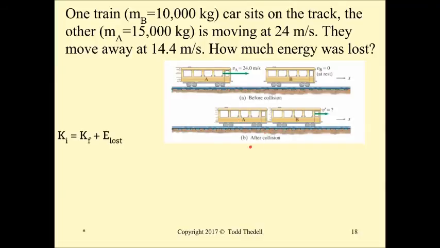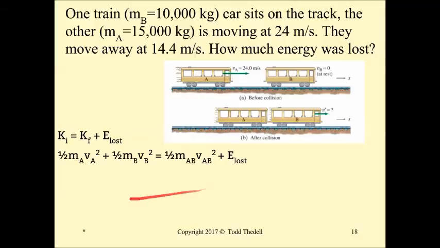So we take a look at the initial kinetic energy is equal to the final kinetic energy plus this lost energy, and we're going to solve for that lost. So we put the formulas in for energy. We have the kinetic energy of A and the kinetic energy of B is equal to the kinetic energy of the combined train AB, and then we have this lost energy. So this is just basically plugging numbers in.